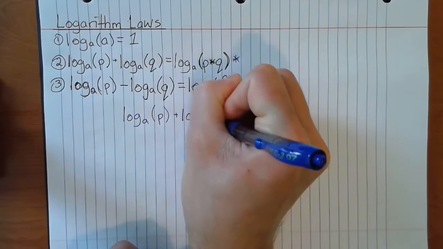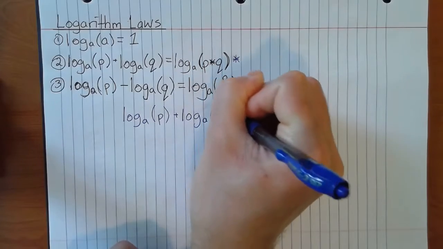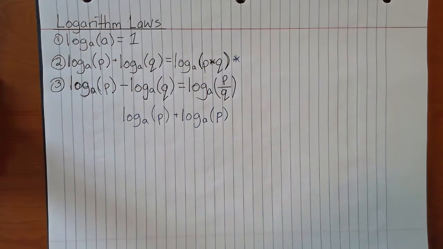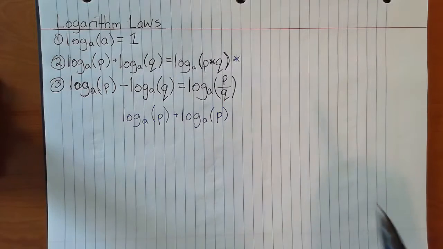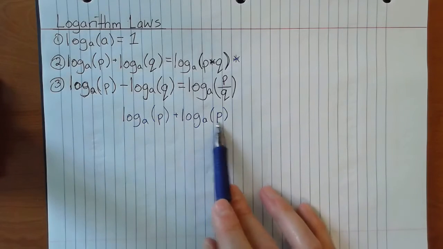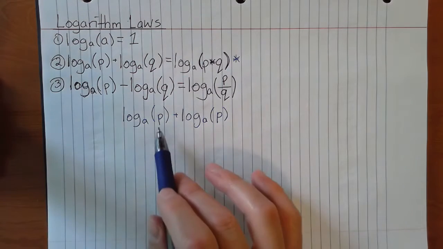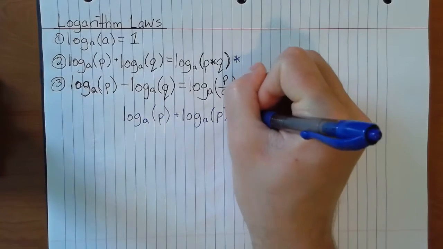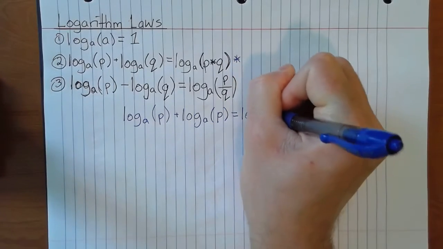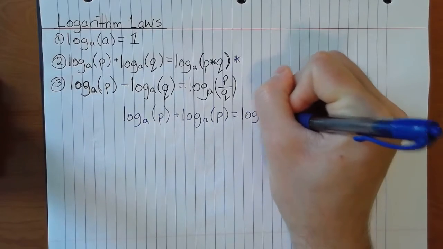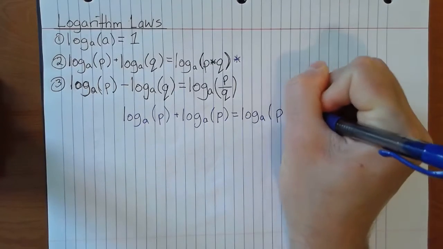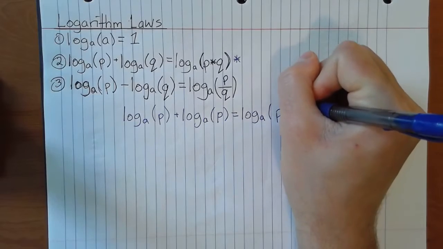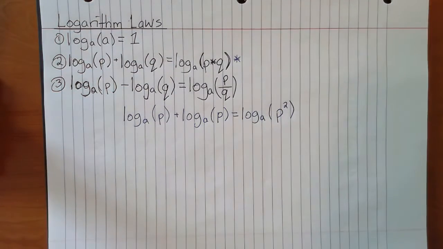Log base A of P. So using that law number 2, we would multiply the two inputs. Well, if you're multiplying the two inputs, P and P, by each other, by themselves, well, that just means it would be P squared. So now that would be equal to log base A of P squared.